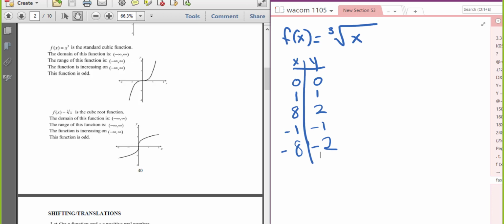Let me see. Let me get rid of this picture.